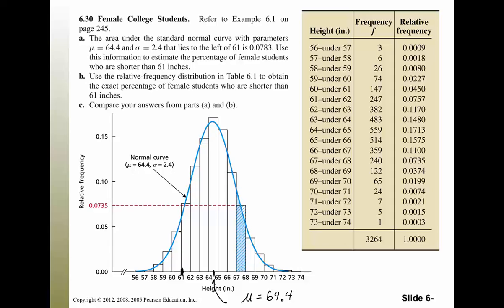What's the frequency of female college students who have a height of 61 or less? Figure that out, okay? Oh, it says right here, but go ahead and do it. We're going to confirm that it's this number right here. How do they get this number, 0.0783?